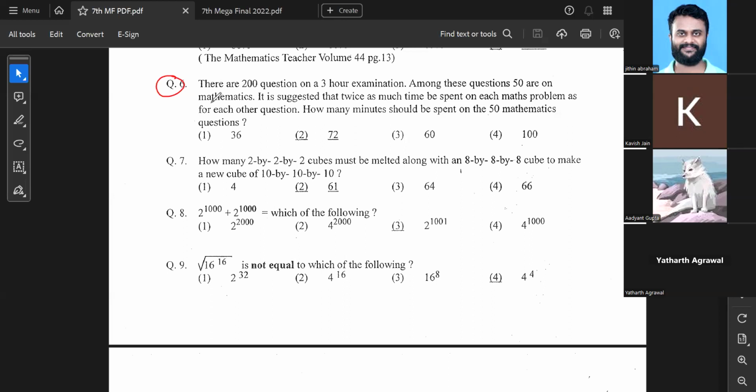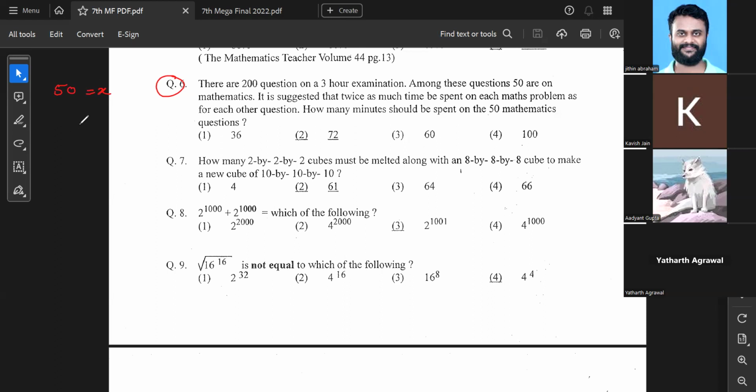Correct. Good job. I'll explain, don't worry. So out of 200 questions, 50 questions are math. 50 questions means 1/4. So basically we considered 50 questions as x.